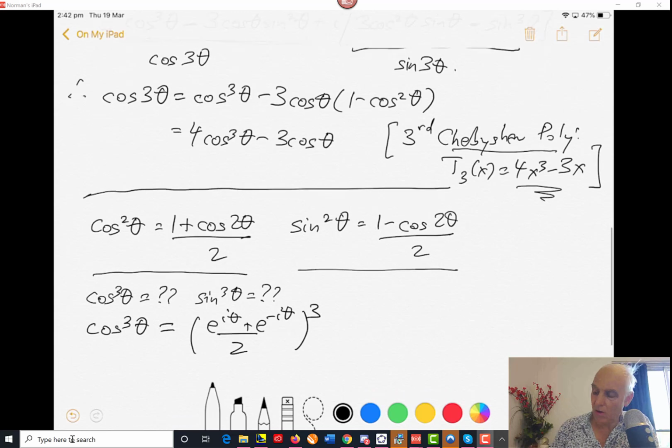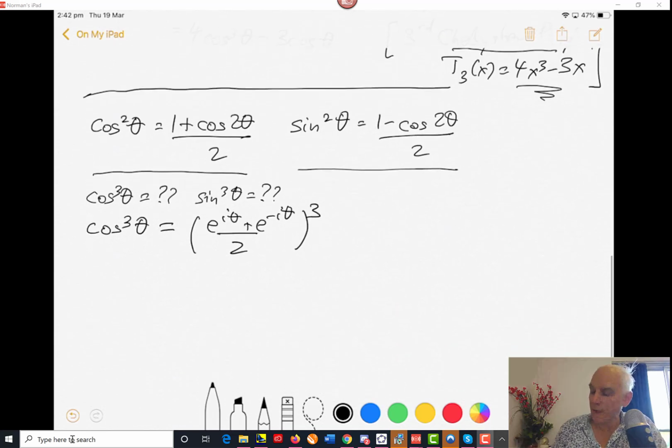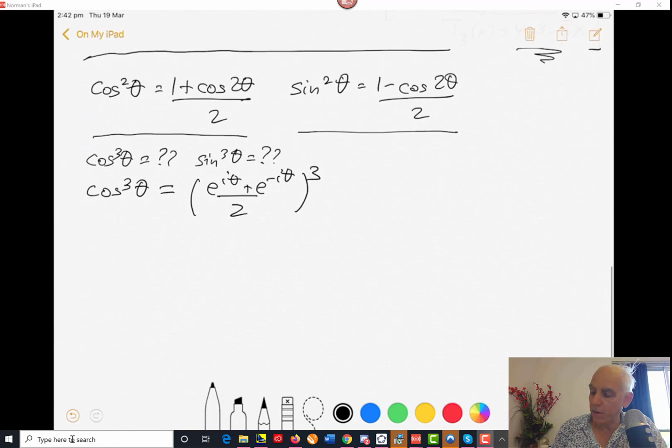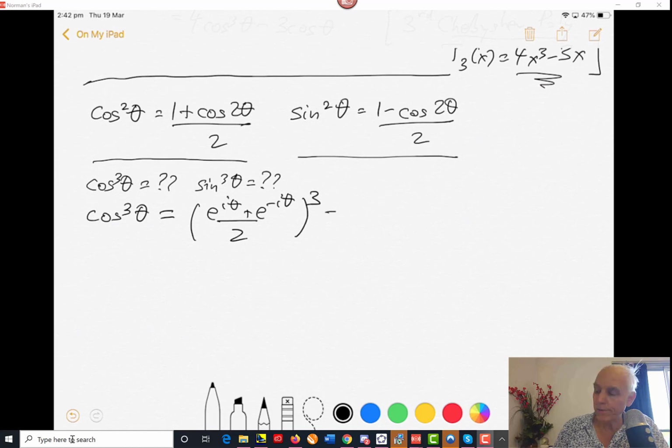Okay, so we're reducing things to an exponential in this case, and then we are going to, again, exploit the binomial theorem. So maybe the 1 over 2 cubed can come out front, so that'll be 1 over 8. And then we'll expand the rest. So again, it's something cubed. So we get the cube of the first one. e to the i theta cubed will be e to the 3i theta.